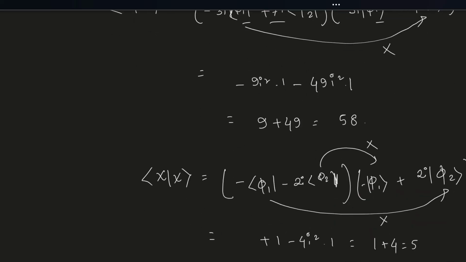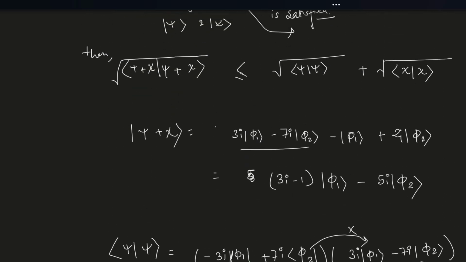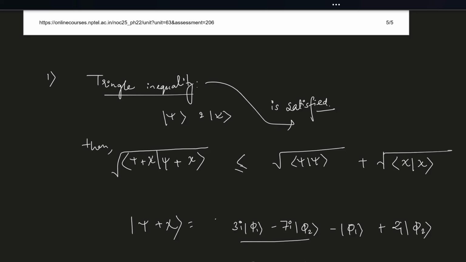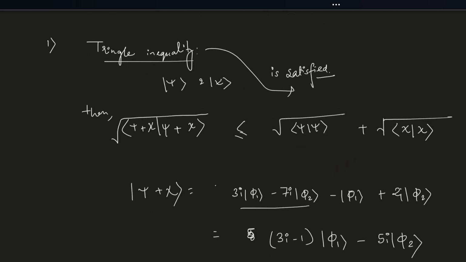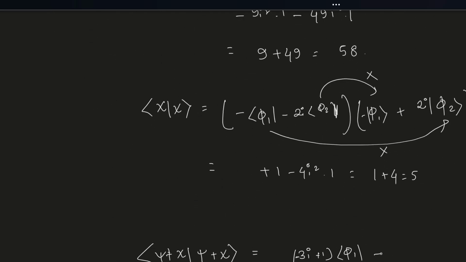Now what is the psi plus chi normalization? It is basically (3i minus 1) and another minus 5i. So minus 3i minus 1, that is minus 3i plus 1, phi 1 plus 5i phi 2, with (3i minus 1) phi 1 minus 5i phi 2.